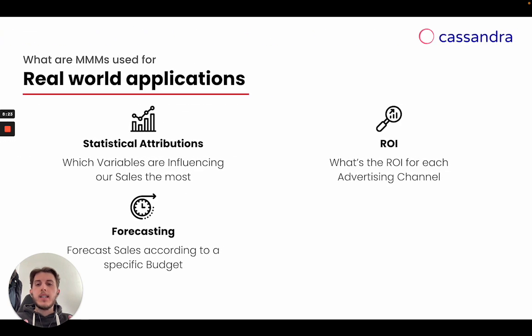We can get an idea of what happens in case we spend a specific budget on our campaigns. So we can do forecasting. We can tell the model, okay, I want to spend $10,000 on Facebook next week. What's going to happen? How many sales am I going to get?